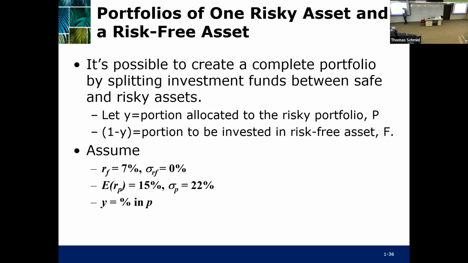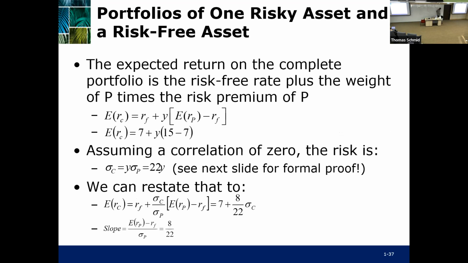We invest Y% in P and 1 minus Y% in F. Knowing what we know now from the portfolio statistics chapter, we can quite easily come up with the equations for expected return and risk of the portfolio.